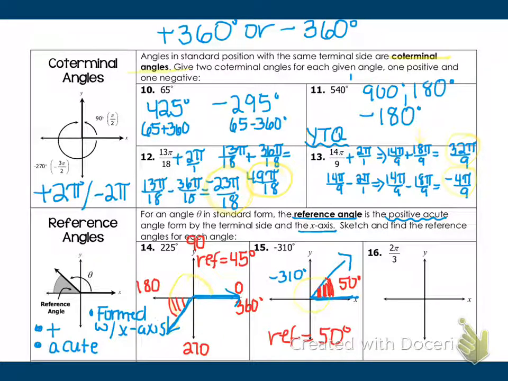Okay. Now you'll start to get a feel for this, and you might figure out little formulas, I guess, that you can use. But those formulas never really work when the angle is negative. Like for instance, with number 14, I could have used this formula: 225 degrees minus 180.